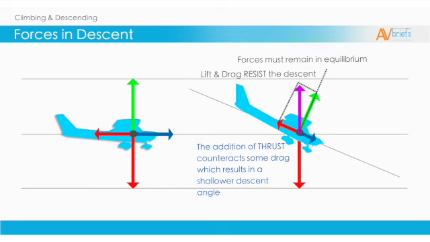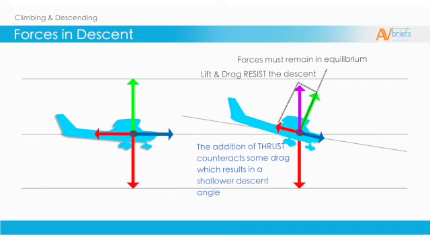Let's use glide angle to further explain the descent, and how it could be shallow or steep. Glide ratio is the ratio of the forward distance traveled to the vertical distance when it is operating without power.